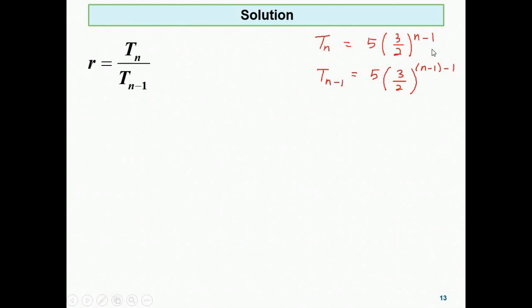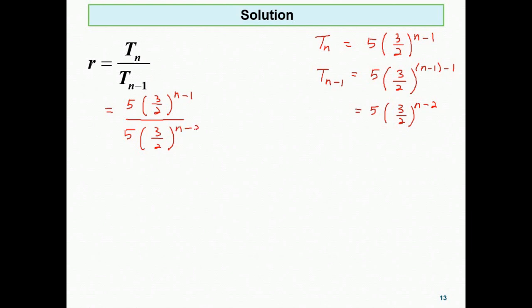So we have here, it is equal to 5 times (3/2) to the power of n minus 2. And then substitute into our formula: Tn is 5 times (3/2) to the power of n minus 1 over 5 times (3/2) to the power of n minus 2.